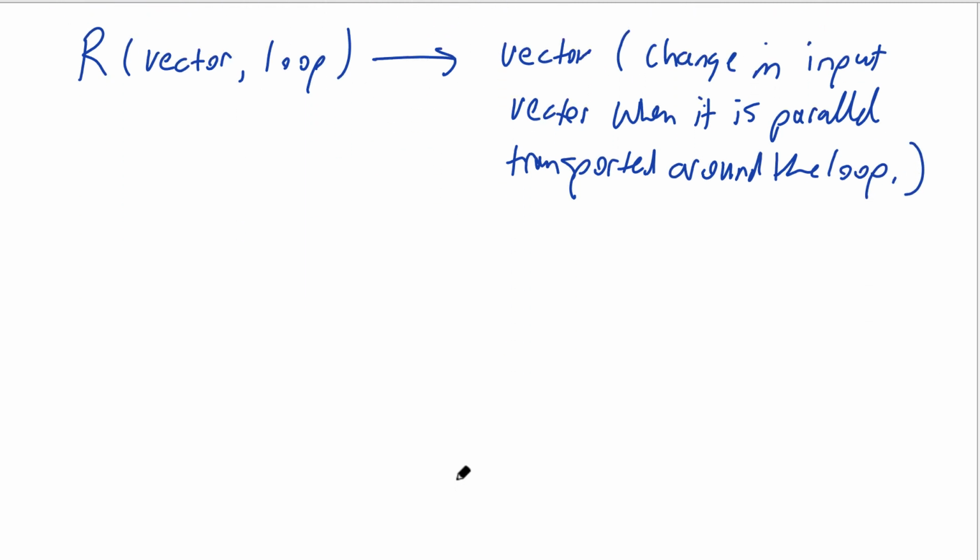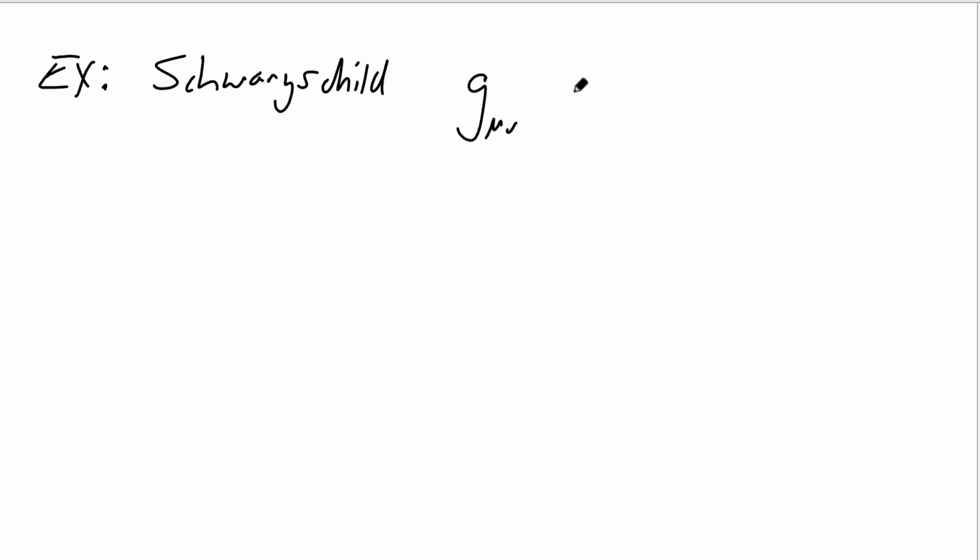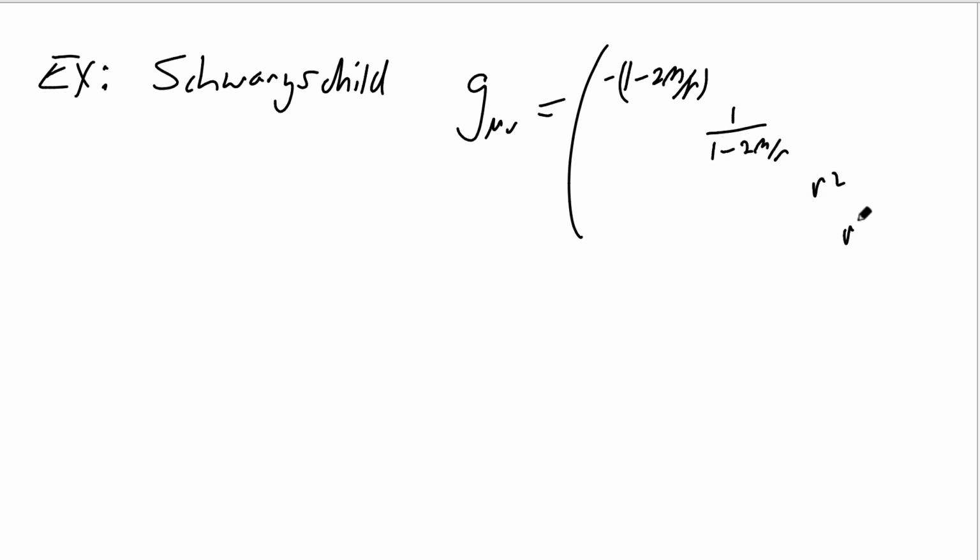Let's spend the final few minutes of this lecture looking at an example. We'll take the Schwarzschild geometry. So the metric has components minus (1 minus 2m over r), 1 divided by (1 minus 2m over r), r squared, and r squared sine squared theta.